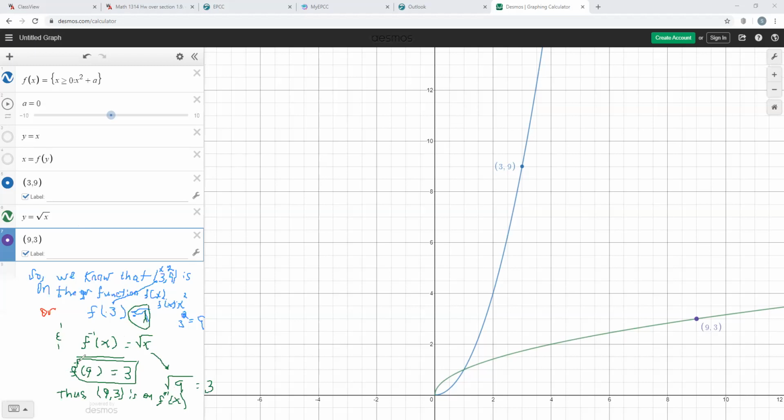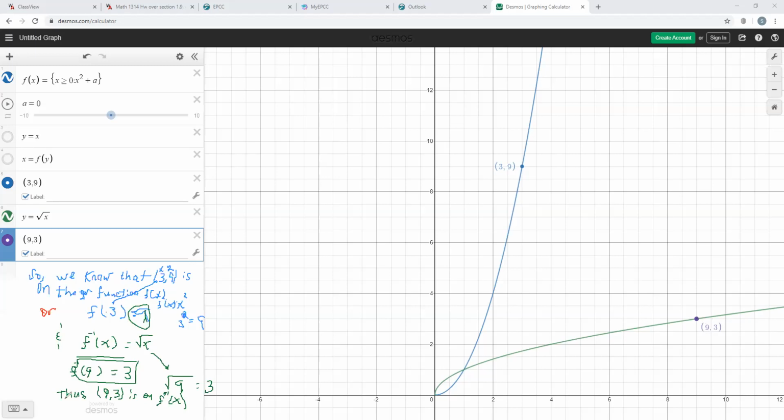But what happens is this: if you put any point that's on the original given function, let's say they call it f of x, if you put the domain value into the function and you get 9 as the range value, which means it's a point on the graph of f, and then you put this range value 9 into this other function and you get back to 3, then that means (9, 3) is on the new graph, which right here it is.